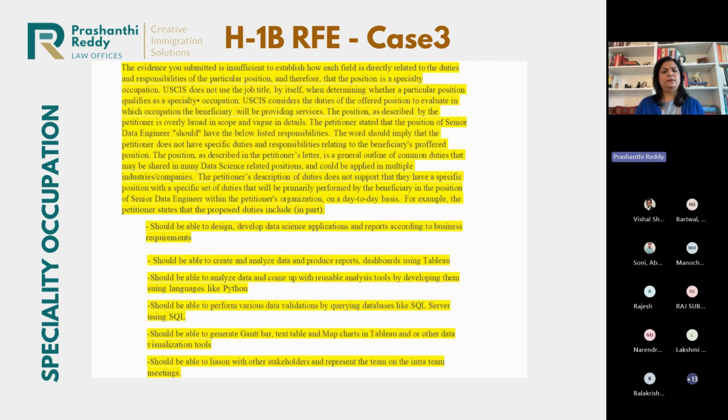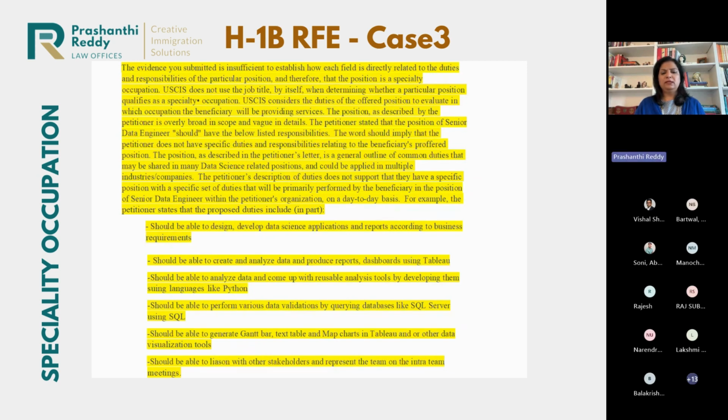And they're saying that the job description you gave is very broad because you are using the words should be able to design, develop, should be able to create. So it looks like a very broad description and doesn't actually talk about what the person will actually do. So they said that since we don't know what the actual job description is, we don't know whether the job description requires a bachelor's degree in computer science or not.